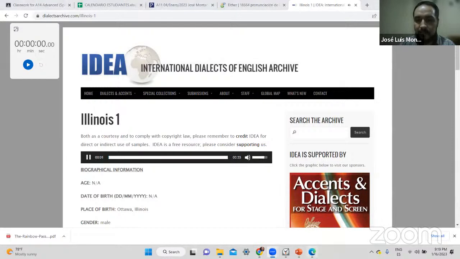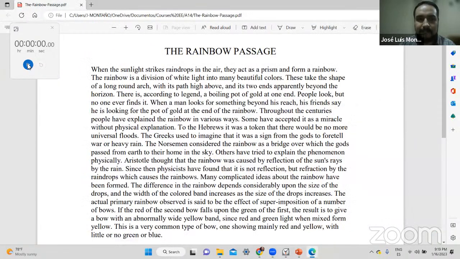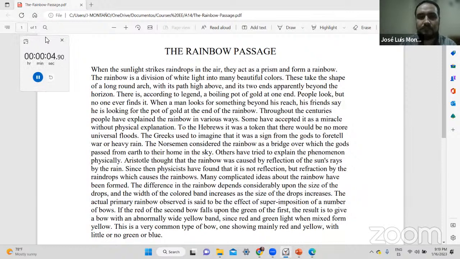This recording, Illinois 1, is copyright the International Dialects of English Archive. When the sunlight strikes raindrops in the air, they act as a prism and form a rainbow. The rainbow is a division of white light into many beautiful colors. These take the shape of a long round arch with its path high above, and its 2 ends apparently beyond the horizon.